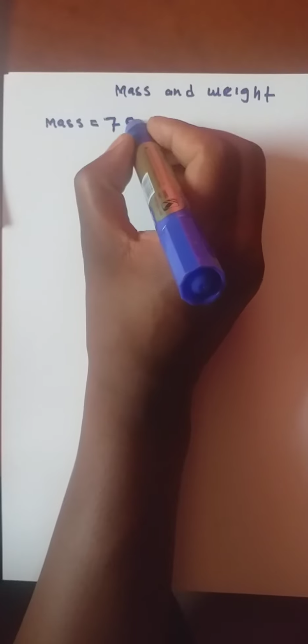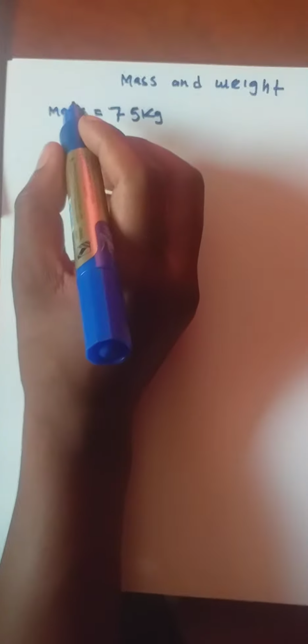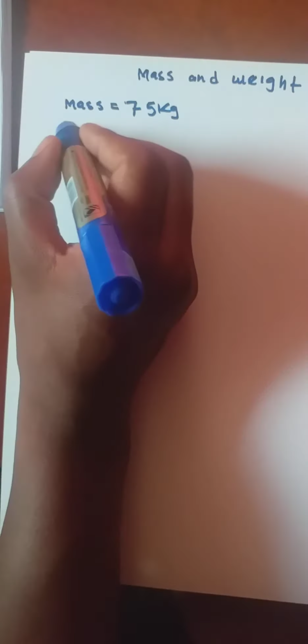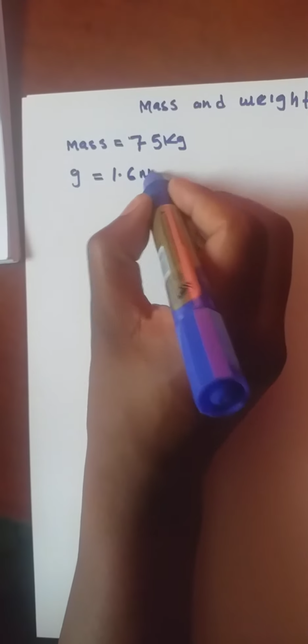So we can first write down the data. We have the object with a mass equal to 75 kg on Earth. And then we have been given the gravitational field strength, which is for the moon 1.6 newtons per kilogram. So this is in the question.